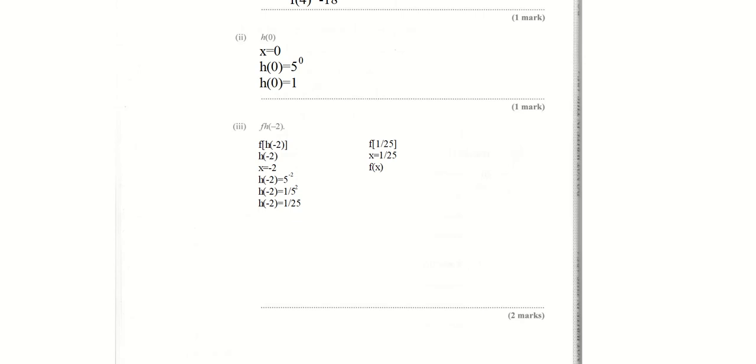f of 1 over 25 is equal to 2 minus 5 by 1 over 25. So that is 2 subtract 5 by 1 over 25, and 5 into 25 is 5, so that would be 2 minus 1 over 5.